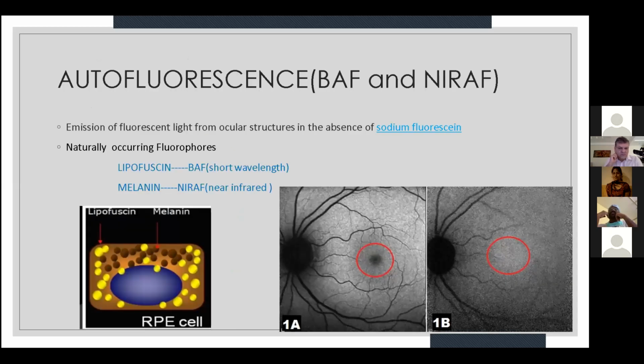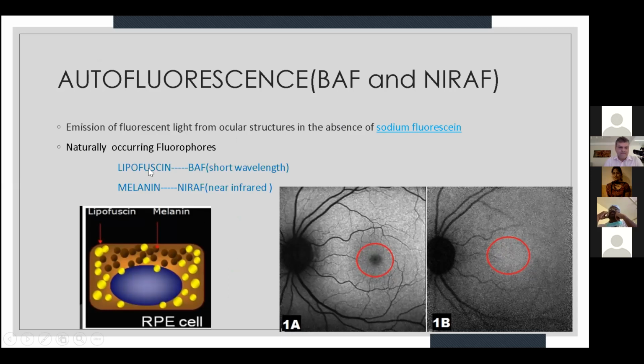Coming to autofluorescence. Autofluorescence is of 2 types. It is called blue autofluorescence, BAF, or NIRF, near infrared autofluorescence. Autofluorescence is the emission of fluorescent light from the ocular structure even in the absence of sodium fluorescein. So dye hasn't been injected, still there are certain fluorophores present in our retina that are giving out the autofluorescence.